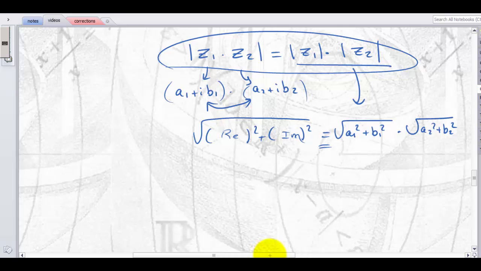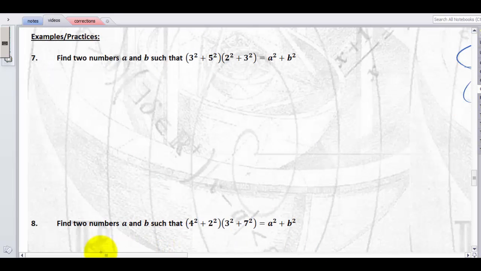Okay, let's apply it to this kind of problem. What you need to do to express this is very simple. I recognize right here the modulus of a complex number squared, right? A squared plus b squared, that's the modulus of a complex number squared. So here's one modulus squared, here's another modulus squared, and so it's a product of two moduli squared.